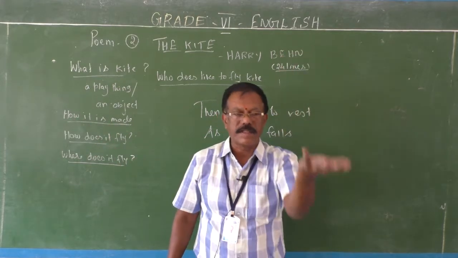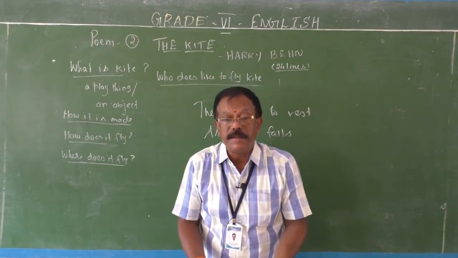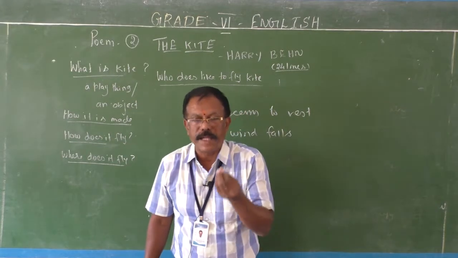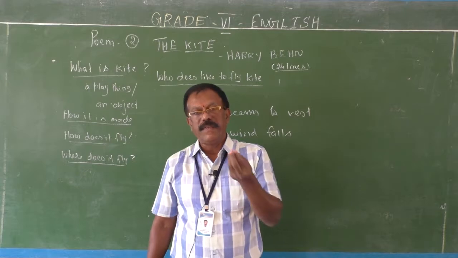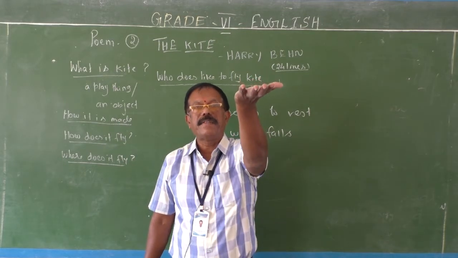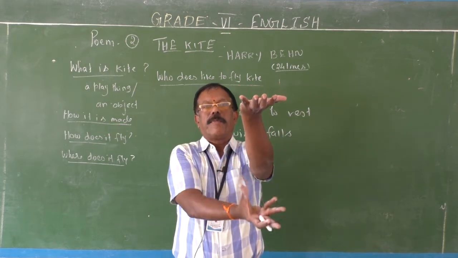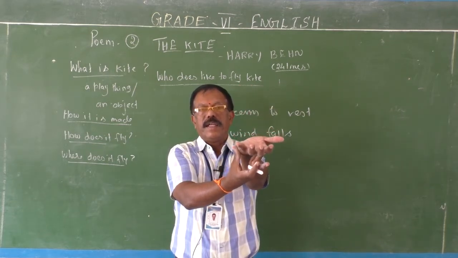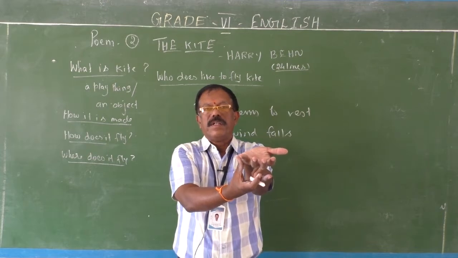Sometimes it goes up, sometimes it comes down. Here, the wind falls. It means when the wind becomes weak, when the wind loses its strength, then the upward propelling force is not there. Therefore, the kite slowly comes down.